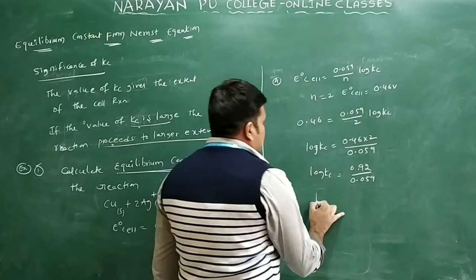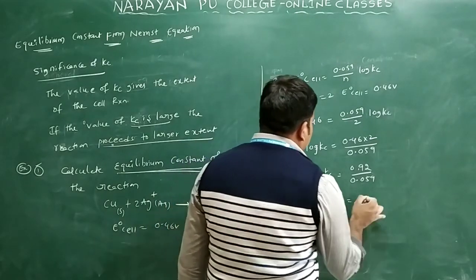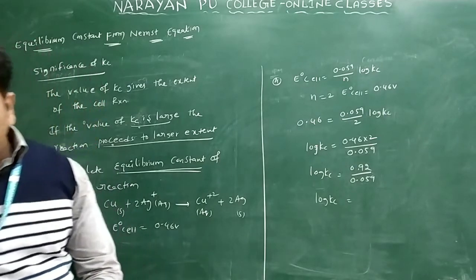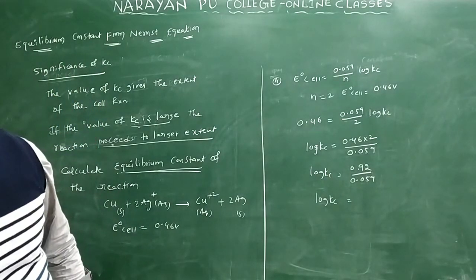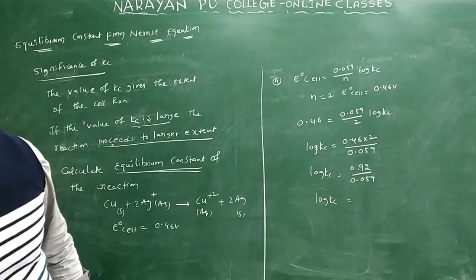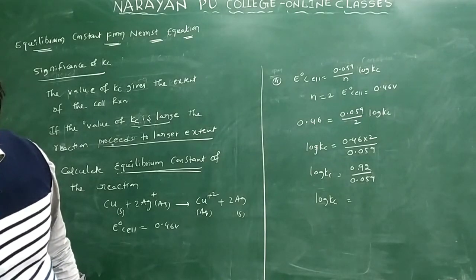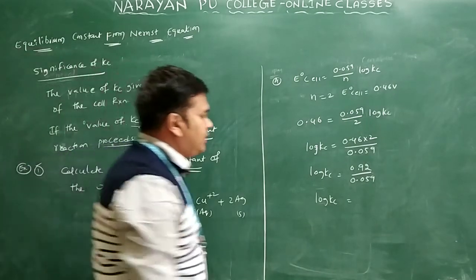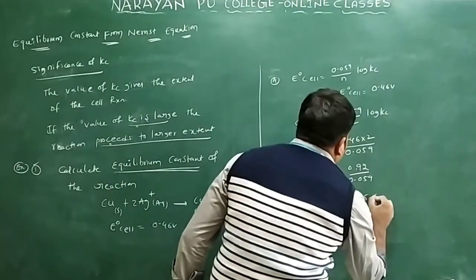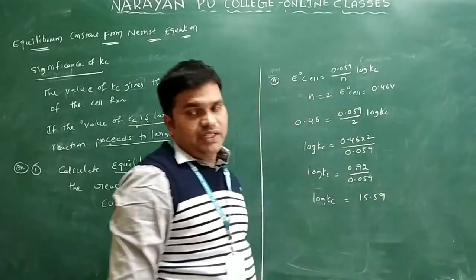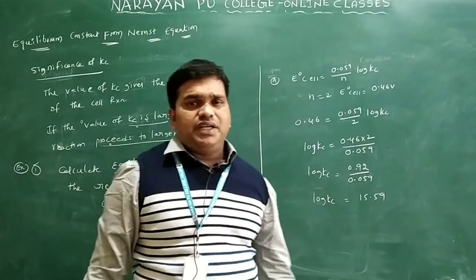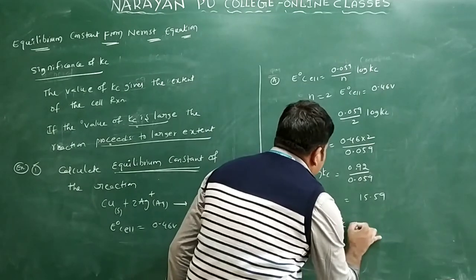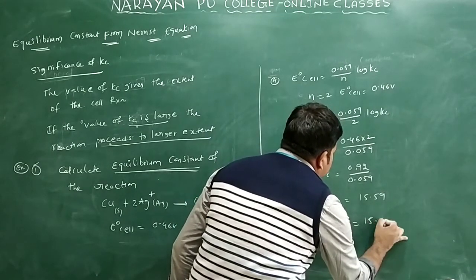Doing this calculation, 0.92 divided by 0.059, we will get 15.59. Approximately we will take 15.6. So log Kc is equal to 15.60.